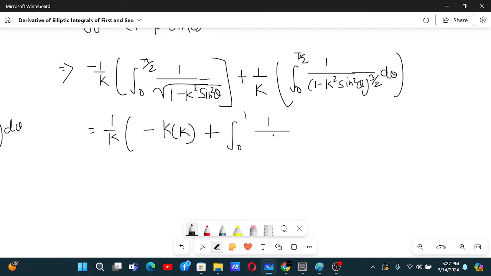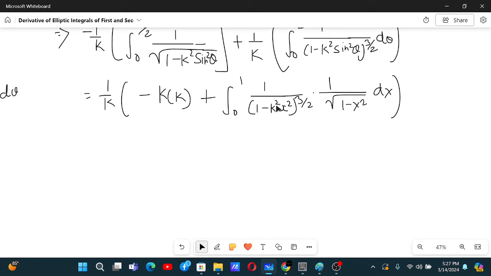Now if we make a substitution that x equals sine theta, this will go from 0 to 1, and then 1 by 1 minus k square x square to the power 3 by 2, and then 1 by root under 1 minus x square dx. After that also make the substitution that y equals x square.